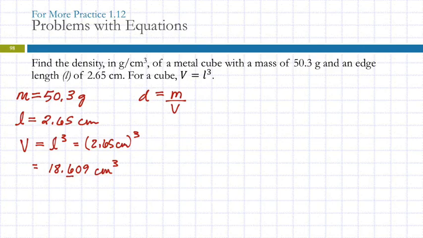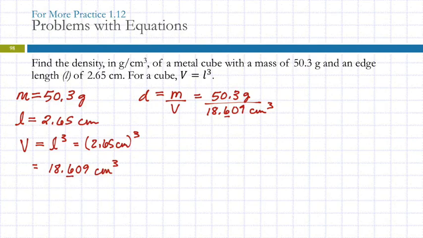I can plug them into the equation. 50.3 grams, 18.609 cubic centimeters. Is this going to give me the units that are requested? It is. Now sometimes it might not. Maybe they want kilograms or something. Well, then you'd have to do some unit converting.